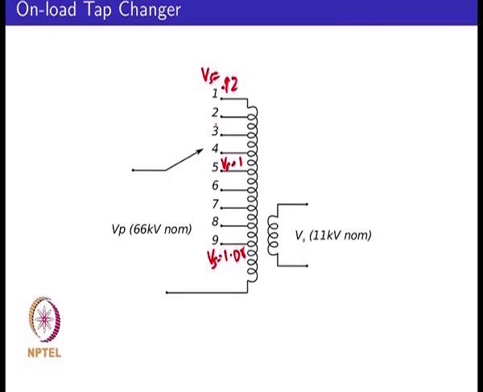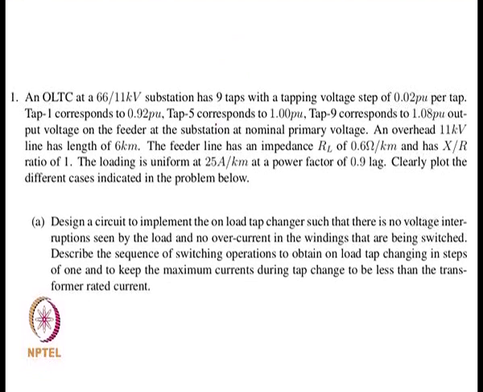So how is that achieved, and what is the sequence of operations to limit the maximum current during tap change to be say 1 per unit, the rated current, when you are doing the switching action?